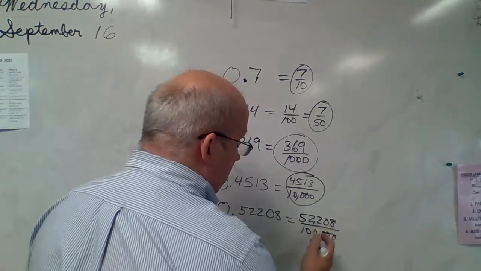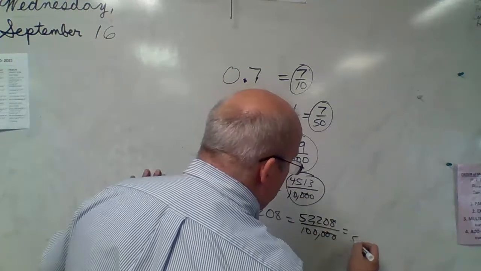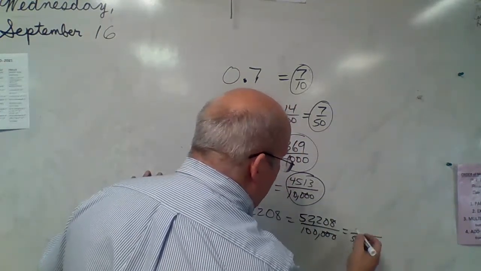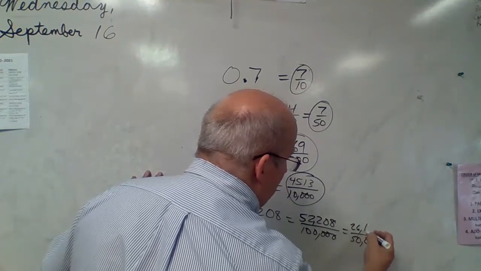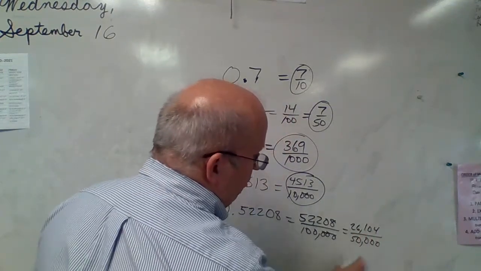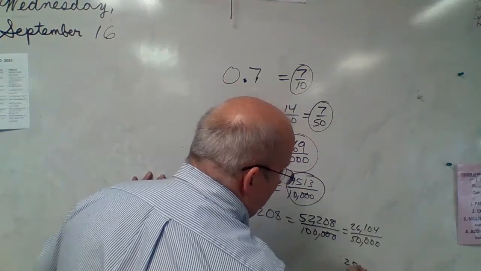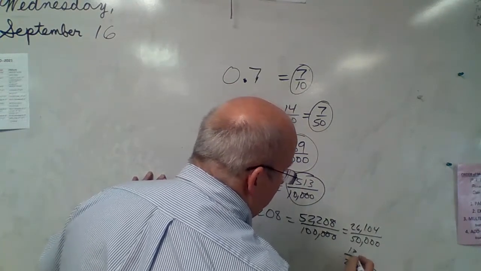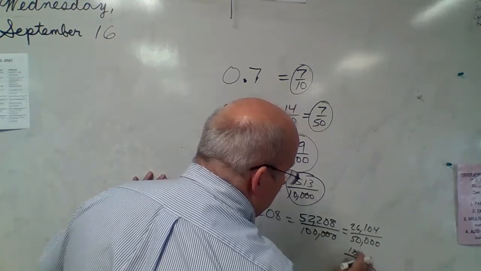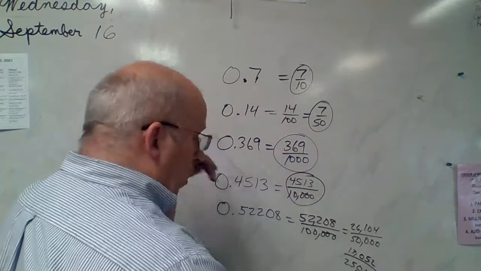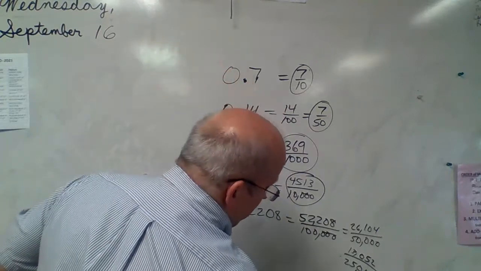Both of those are at least divisible by 2. If I divide by 2, I get 50,000 on the bottom. On the top, I get 26,104. Uh-oh, I can simplify that even more. Let's divide by 2. I get 25,000, and on the top, I get 13,052. Oh, I can divide that even further.